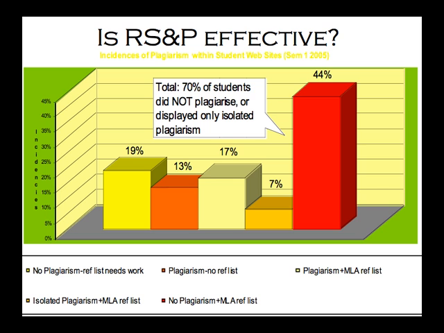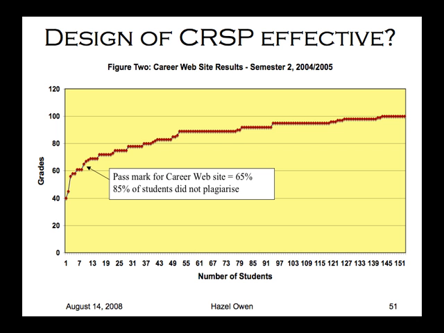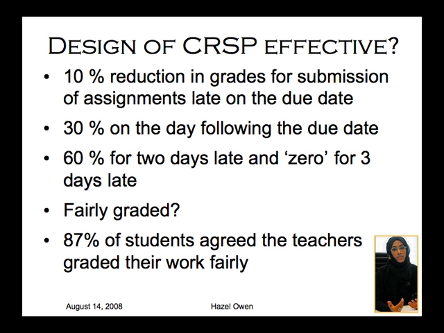So for example, in this chart, the semester 1 website, 70% of students didn't plagiarize, which was pretty good. But in the semester 2 website, where students had had a chance to look at their zero grades and improve, we had 85% of students who didn't plagiarize.